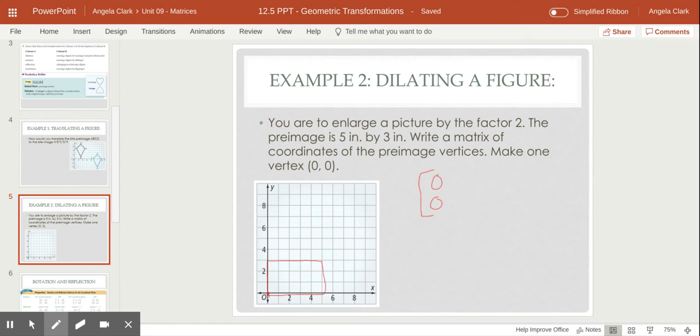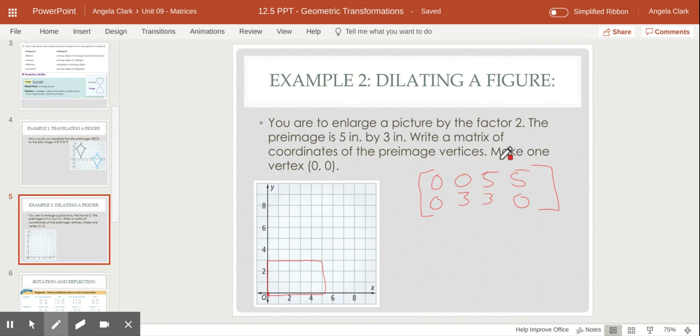So 0, 0, 0, 3. Remember, it's always X on top and Y on the bottom. 5, 3, and 5, 0. Okay, so this is our preimage matrix.